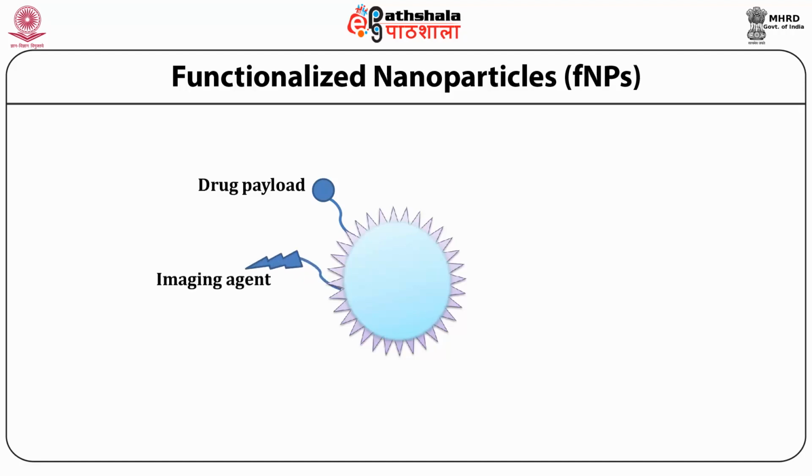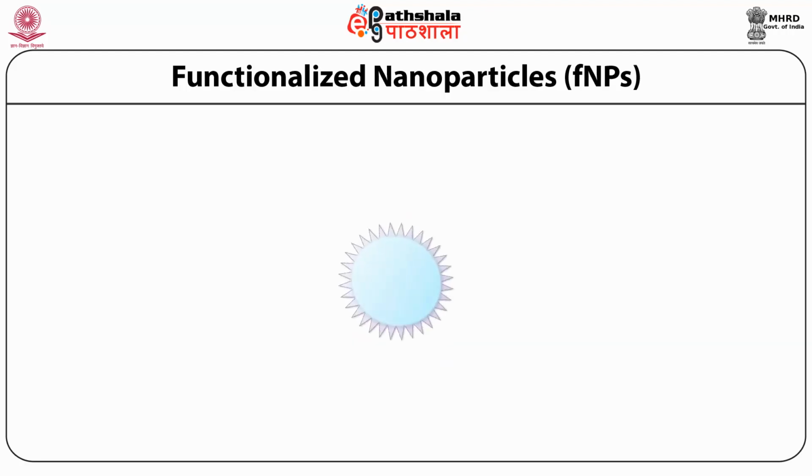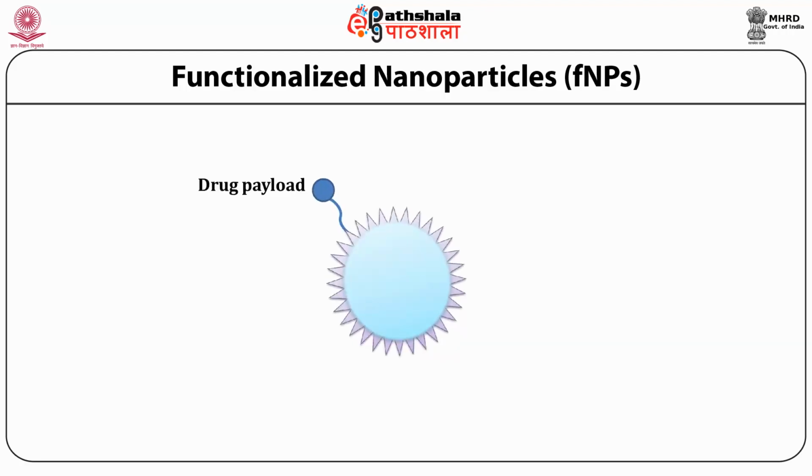And the drug payload either could be conjugated to the surface or could also be loaded into the nanoparticles. Similarly, the imaging agents or the diagnostic agent could also be present in a similar way, either conjugated to the surface of nanoparticles or loaded into the nanoparticles. And in this way, you can use the nanoparticles for the theranostic applications.